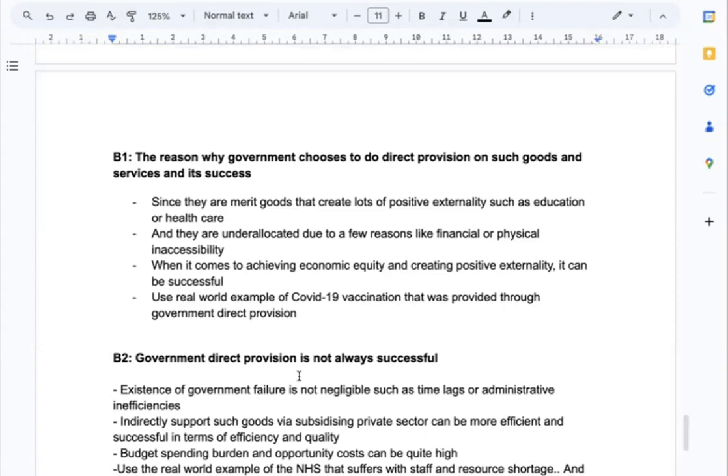Also, budget spending burden and opportunity cost can be quite high. So again, I can use a real world example of the NHS, which currently suffers from staff and resource shortages, and its quality is also largely declining. So I can use that as a counter example.